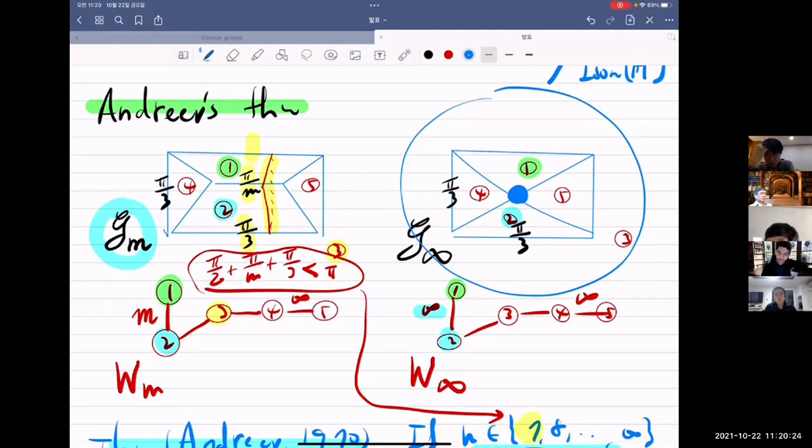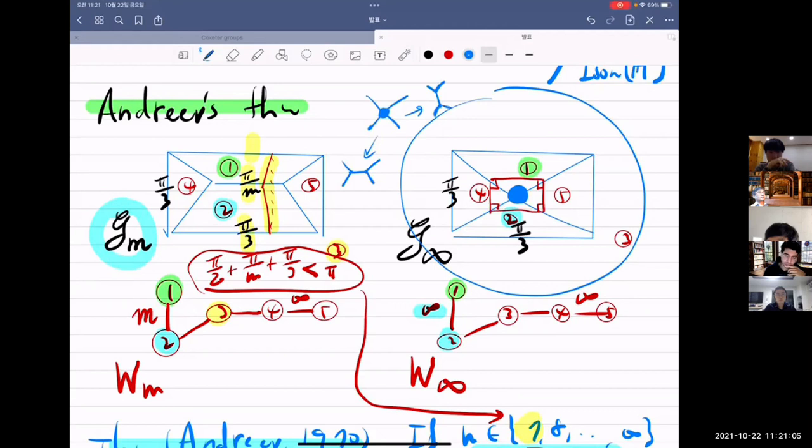If you look at the link of this vertex, what you see is rectangles, because I didn't put a label, it means pi over 2. So the rectangle has right angles. But if we perturb this configuration a little bit, because at the beginning it was a vertex of valence 4, it can be something like this, or it can be something like that.